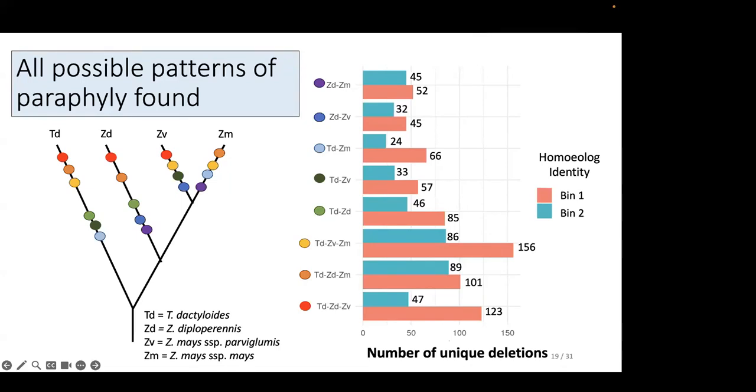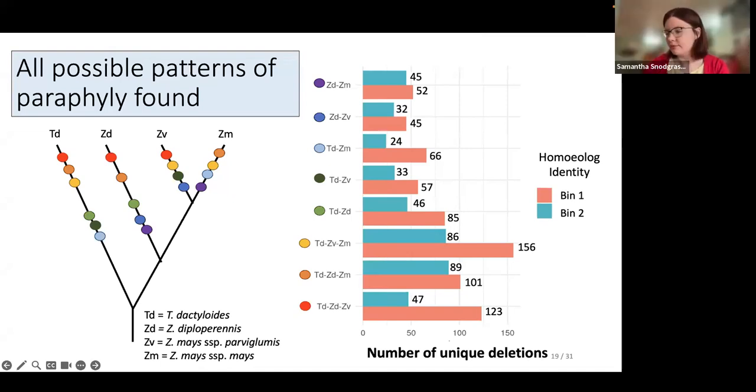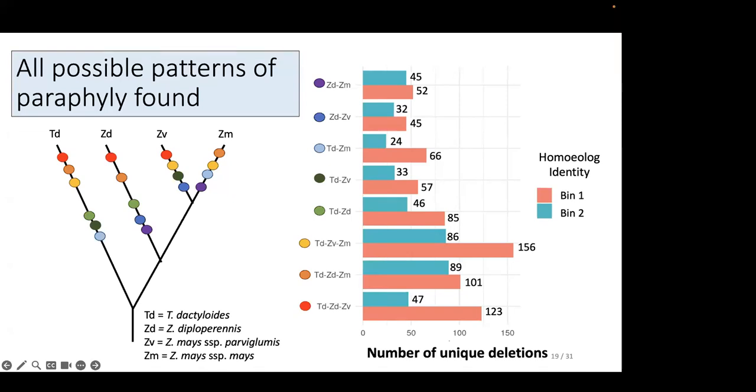So in a sense, the evidence of paraphyly might just be that Dactyloides has had smaller effective population sizes over the past than basically the Zea group. Okay. I don't know, but it might be an interesting thing to think about or test. Yeah.